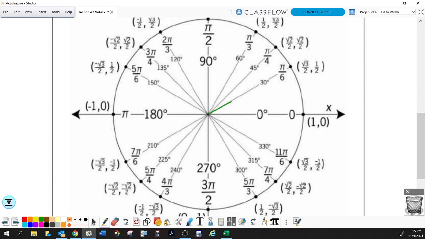I know the 30, 60, 90 triangle. I know the 45, 45, 90 triangle. And I know the 30, 60, 90 turned on a side, 60, 30, 90. And all you have to do is reflect those triangles around the axes, and you can build the entire unit circle when you need it.